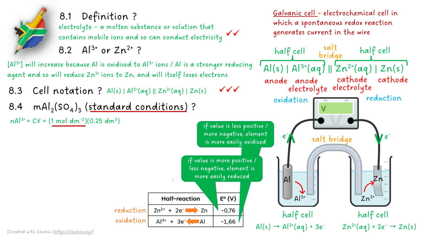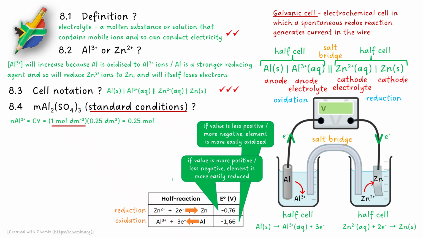And so, to work out the moles of aluminium ions in the aluminium half cell, we know the concentration is 1 mole per decimeter cubed, and we know the volume is 250 centimeters cubed, which is equivalent to 0.25 decimeters cubed. Solving, we get 0.25 moles of aluminium ions in the aluminium half cell at the start of the reaction.